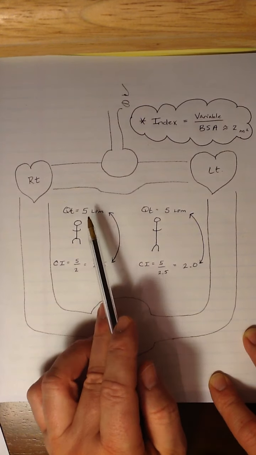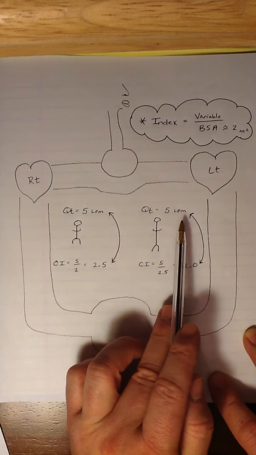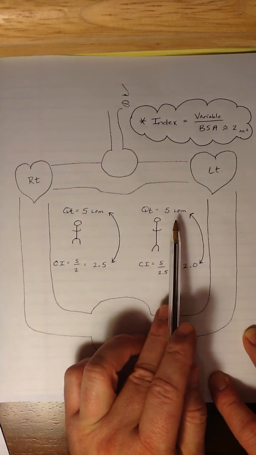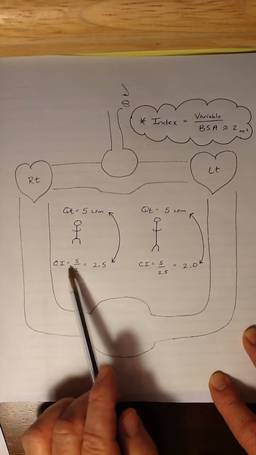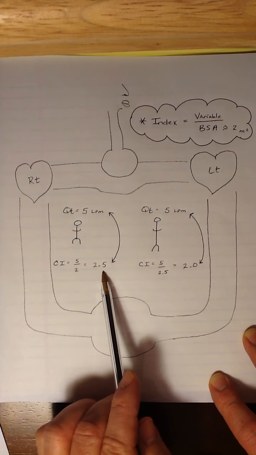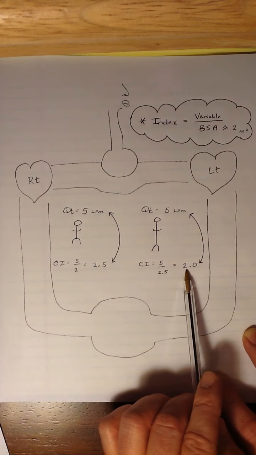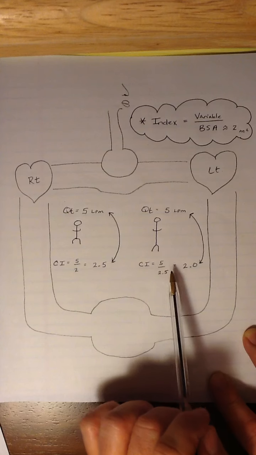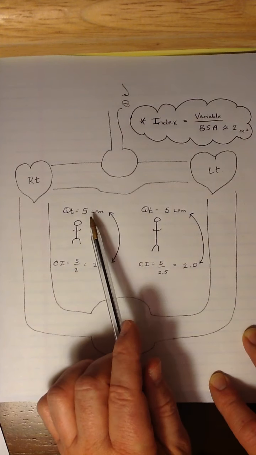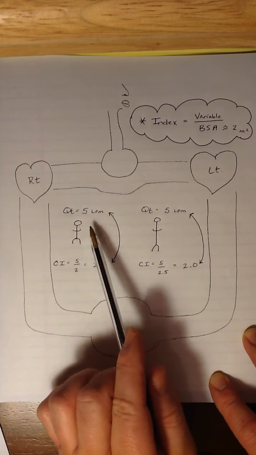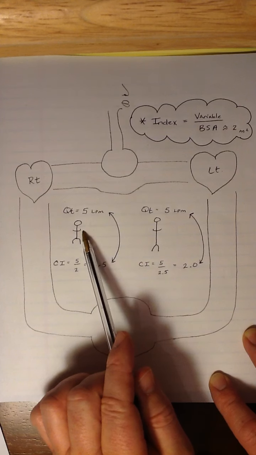So even though this patient and this patient share the same cardiac output value, when you look at the cardiac index and solve the math, this patient's cardiac index is a 2.5, this patient's cardiac index is a 2.0. Okay? So what this does is it makes the cardiac output relative to the size of the individual.